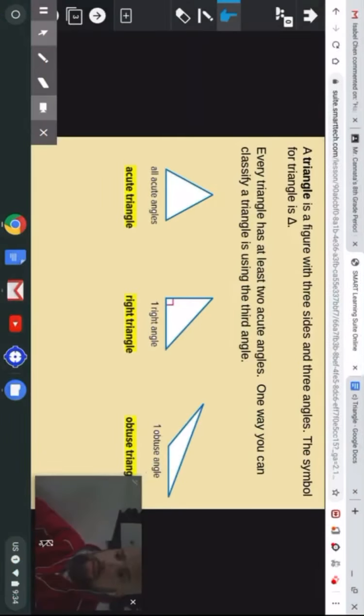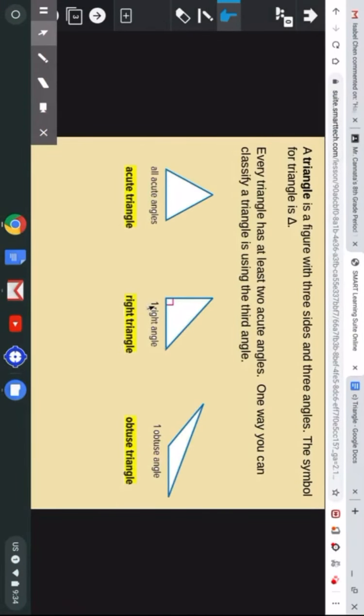The right triangle has just the one right angle, the 90-degree square. You see that pink box in the blue triangle that says right triangle? That's the right triangle. And the obtuse triangle has 1 obtuse angle.